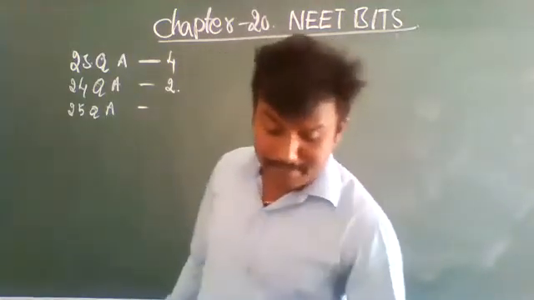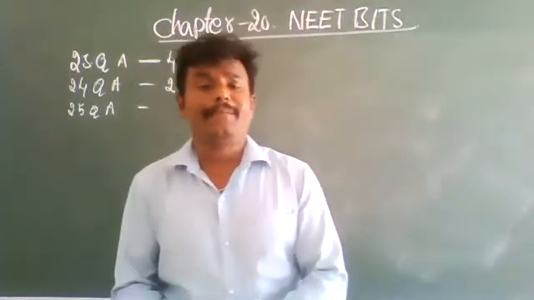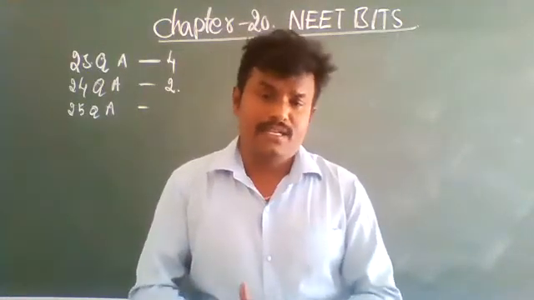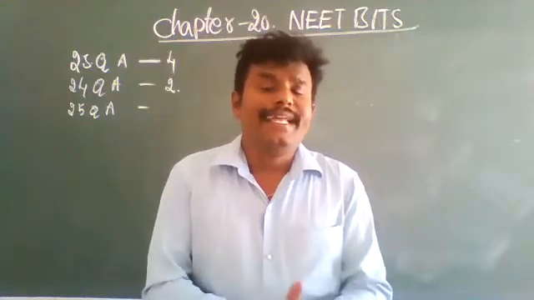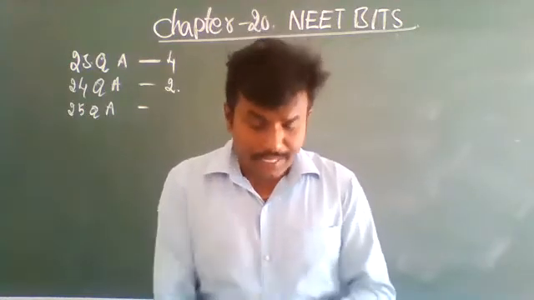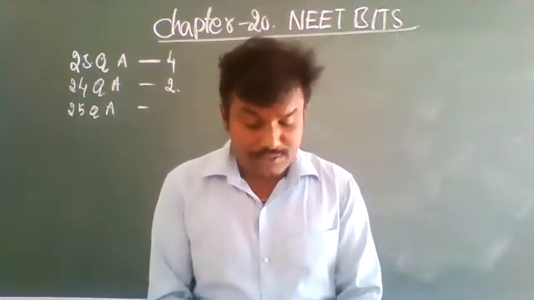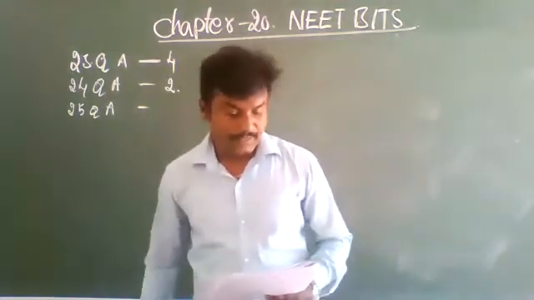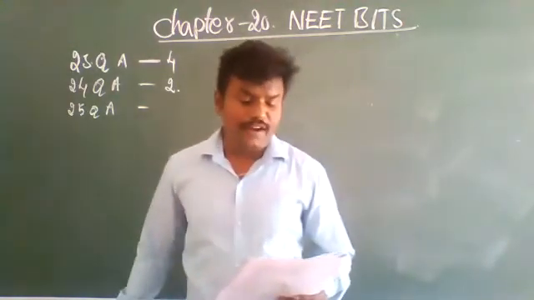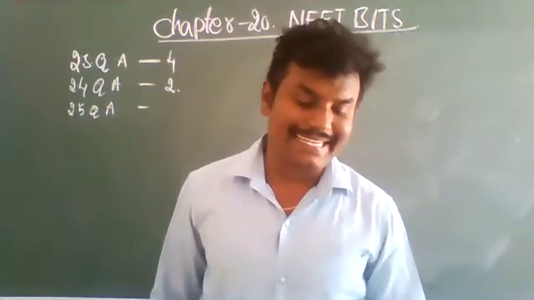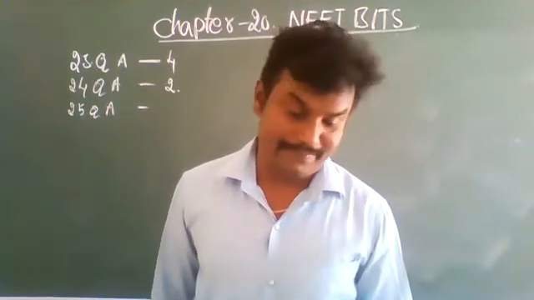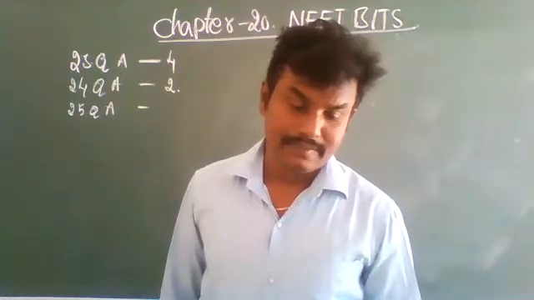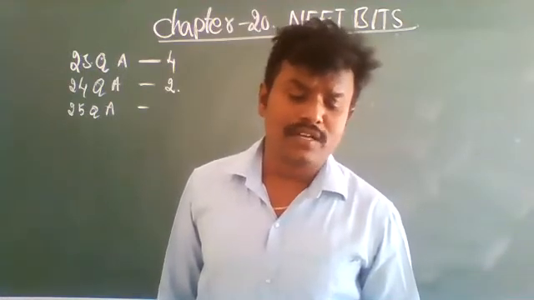AIPMT was a very tough test earlier, and that test they have made into NEET. So what bits did they ask in those tests? First: which of the following is not a function of the skeletal system?